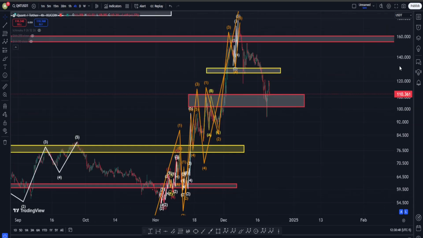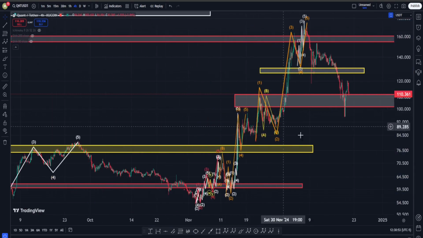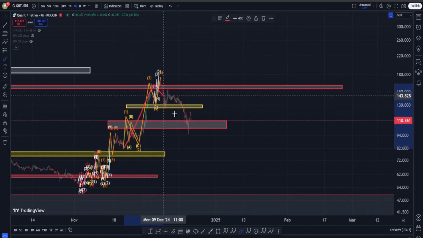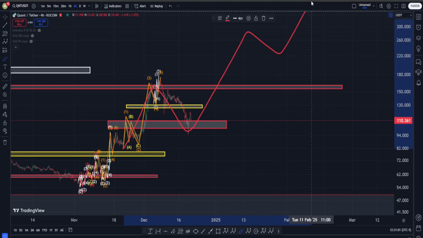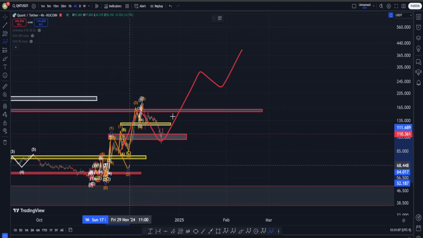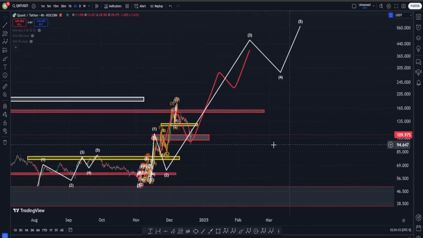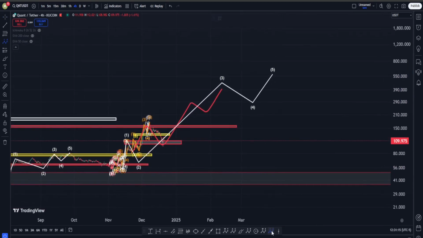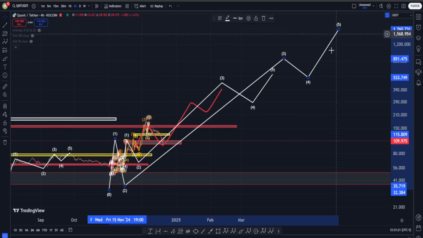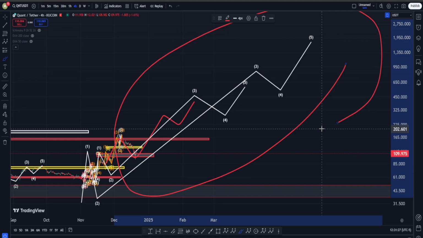Can we have another scenario? Yes, but even that one is going to be bullish, and maybe even much more bullish relative to the previous possibility. You see, this scenario suggests that maybe this is 1, this is 2, and then we're going to get a big move up into wave 3, 4, 5, which on a higher degree is actually going to be into a larger degree wave 3, corrective movement for 4, another move up into wave 5, and even at that point, this white 5 wave up is going to be into a larger degree wave 3 right in here, and then corrective movement for 4, another move up into wave 5, and the targets for this scenario are going to be absolutely astronomical.